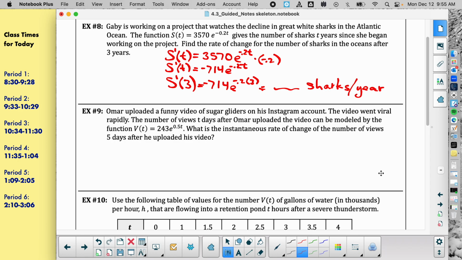So instantaneous rate of change is the derivative. So what would we do for this one to find the answer? I'm okay with us not writing it down because it's awfully similar to the first one and just requires calculations. Okay, perfect. Find the derivative, plug in 5.